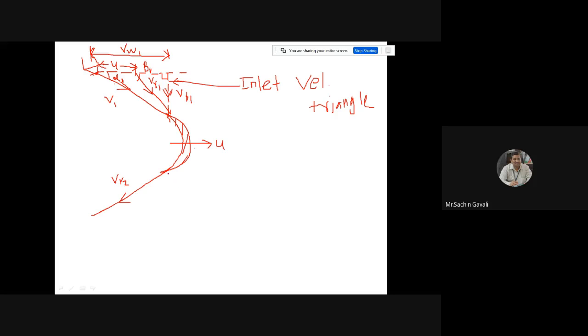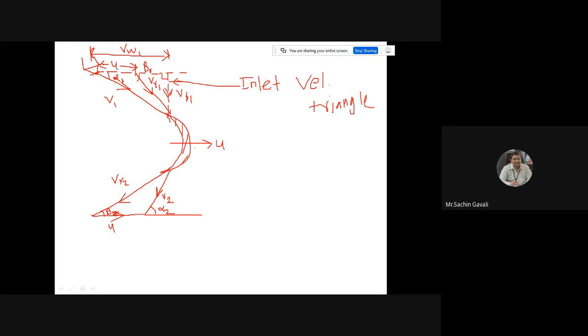Then there will be the blade velocity u. And the difference between this u and vr2, we call v2. The angle vr2 makes with the horizontal is called beta 2, and the angle v2 makes with the horizontal is called alpha 2.